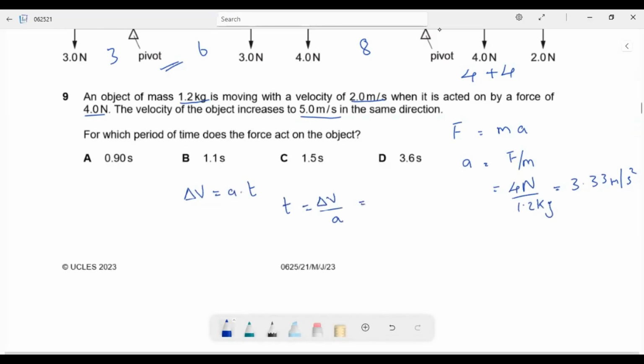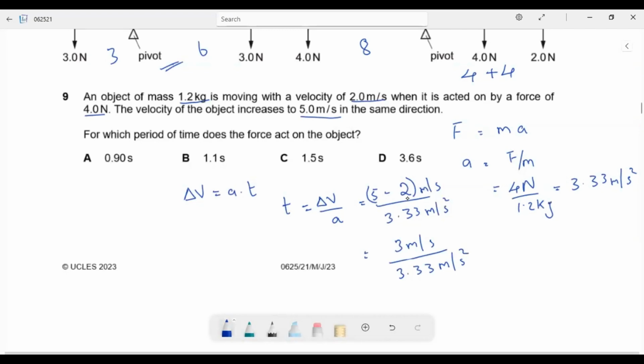That is equal to delta v, which means change in velocity. Finally, it is 5 minus 2 divided by 3.33 meters per second square. 5 minus 2, that is 3 meters per second, divided by 3.33 meters per second square.